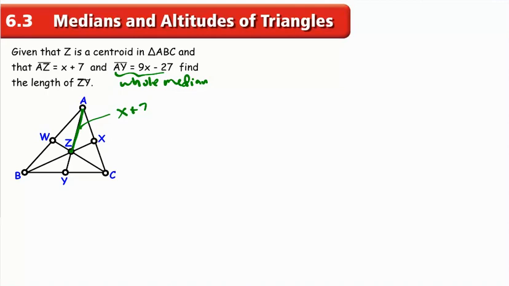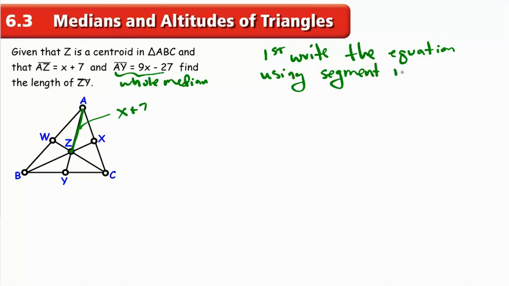Well, let's first write the equation using the names of the segments, and then we'll substitute in. This will ensure that we plug everything in correctly and we distribute properly. So AY is the whole median, and AZ is the segment from the vertex to the centroid of that median. So we should remember that AZ is equal to 2/3 of AY.